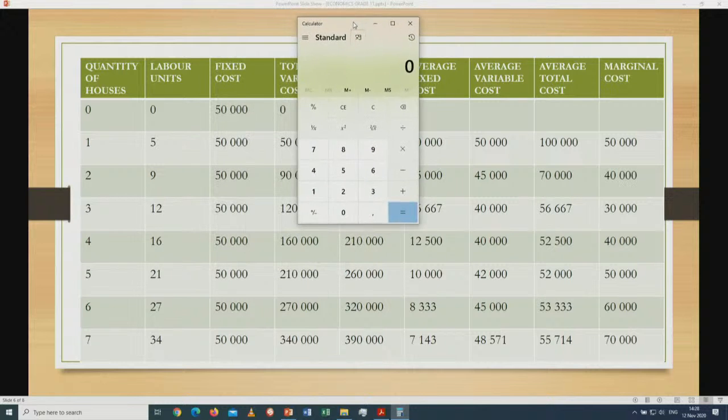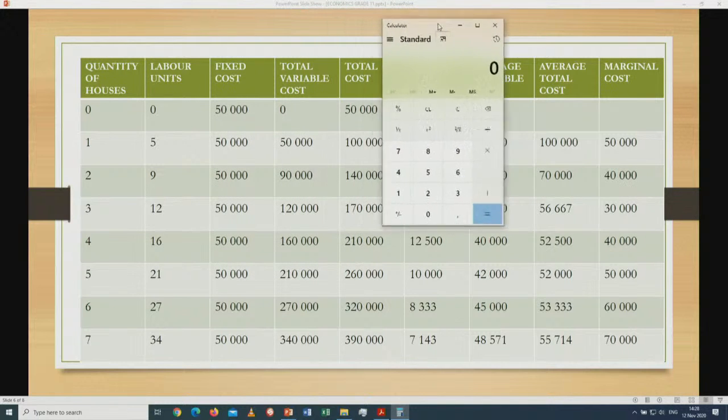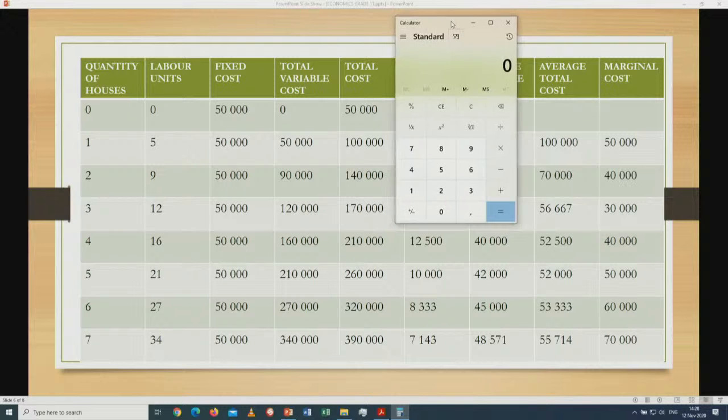We are using the different units now. What was it before? There, it's giving you your marginal cost.